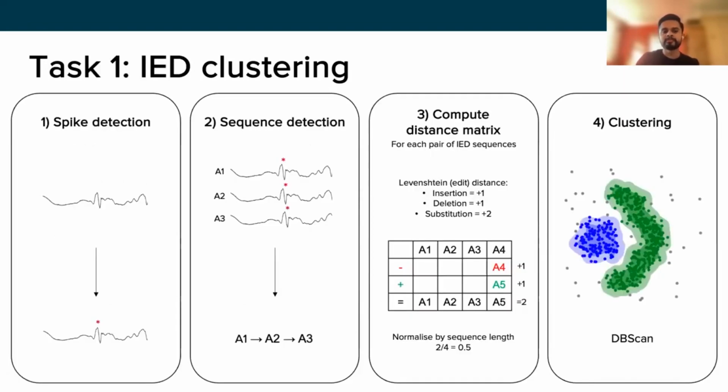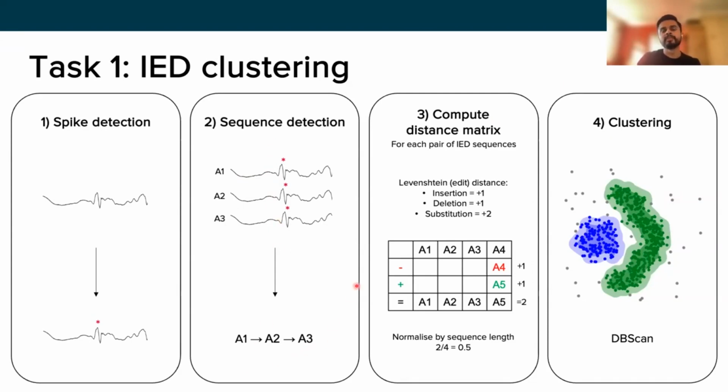So for the first task, we've performed clustering of interictal epileptiform discharges based on their propagation through the brain to try and find different populations of IEDs. The first step was just to identify these actual spikes individually per channel. And then secondly, to group these up across channels and come up with sequences from them, depending on the order they occurred in, like this.